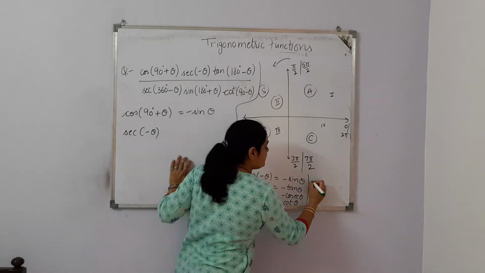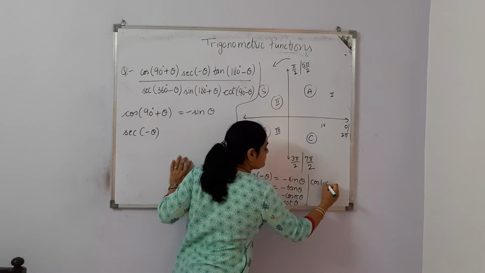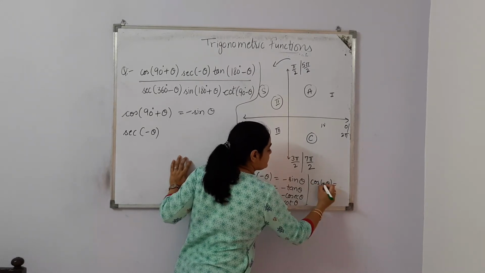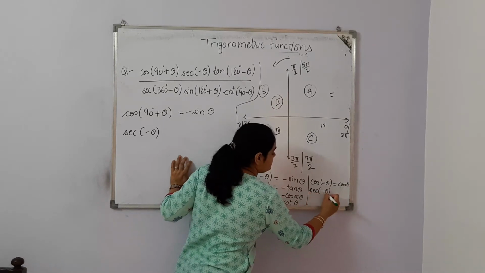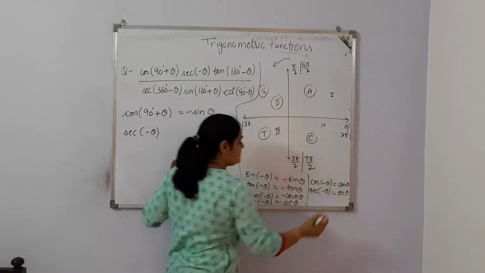But cos of minus theta is cos theta, and secant of minus theta is secant theta.